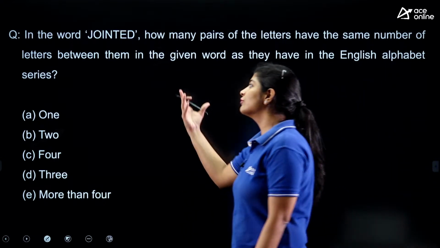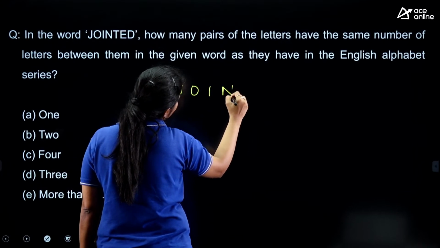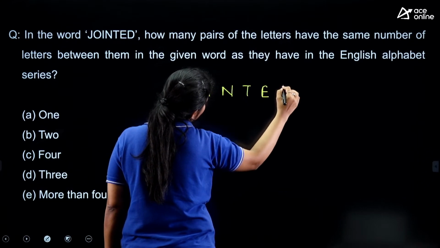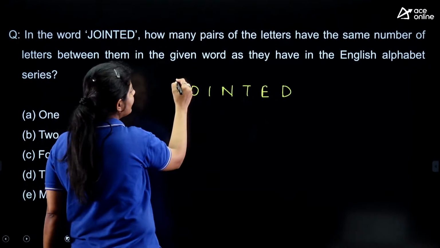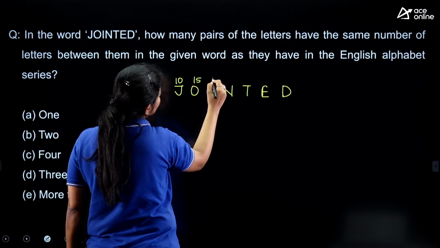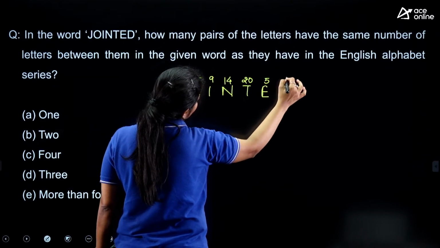We know how to solve these kinds of questions. First, we write down the correct spelling, and afterwards we write down the associated numbers: 10, 15, 9, 14, 20, 5 and 4.